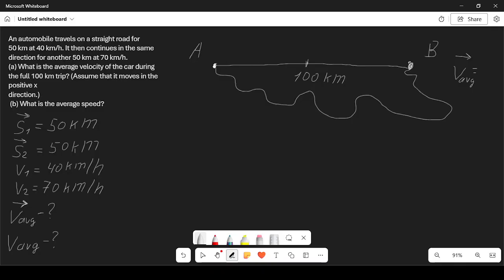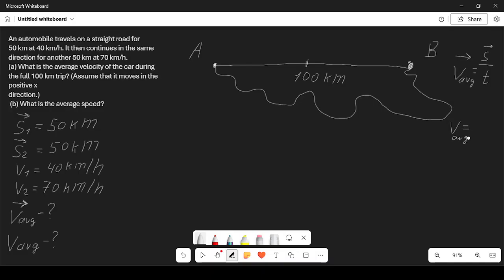So, it moved by this road. The displacement is this distance, 100 kilometers. So this displacement is 100 kilometers divided by the time consumed for this trip. And now let's find average speed.